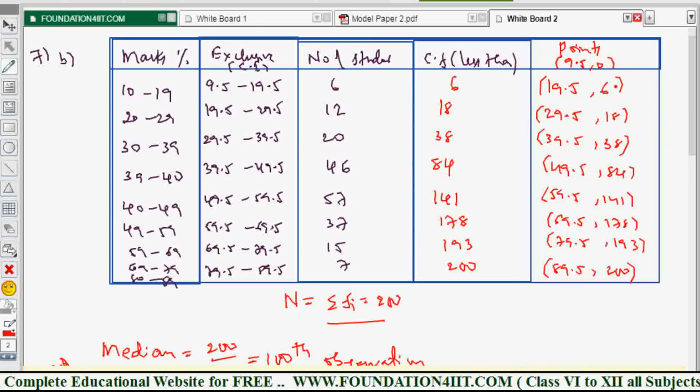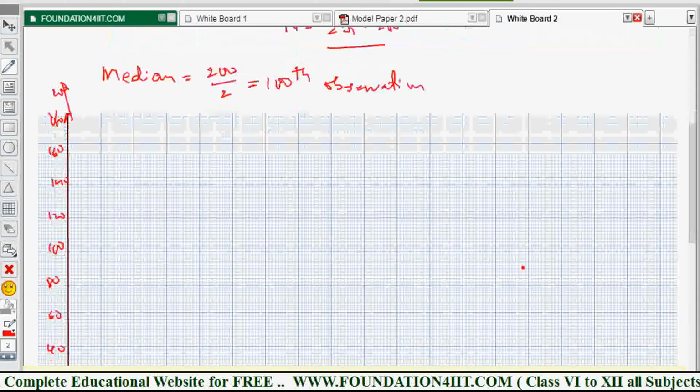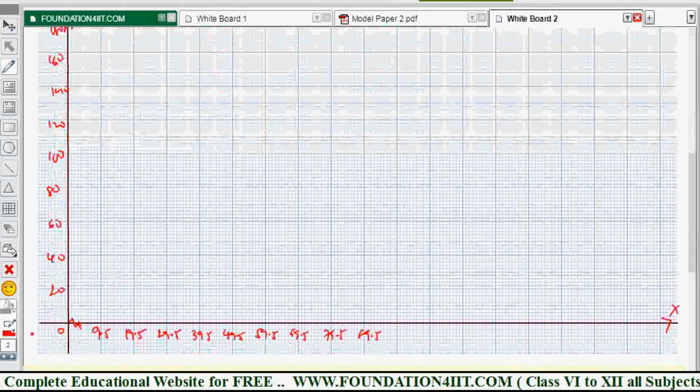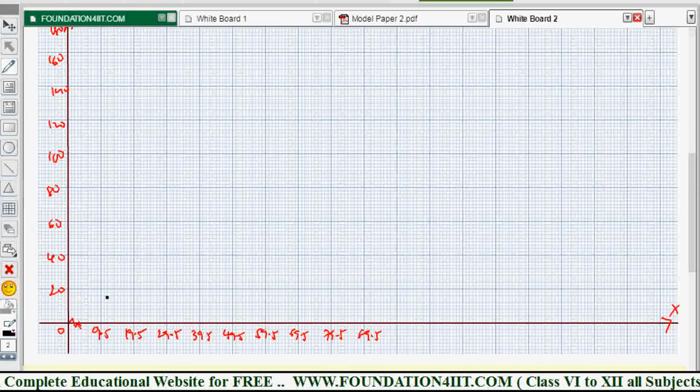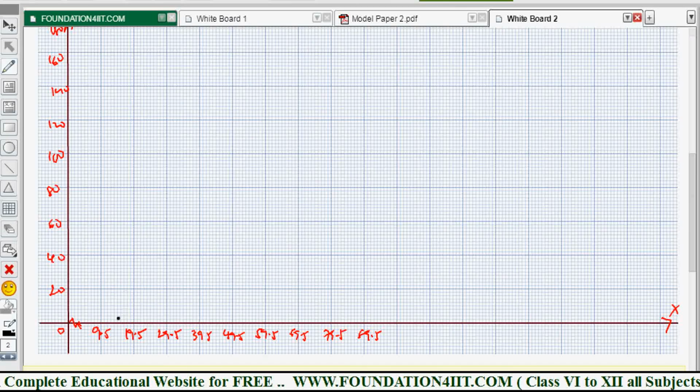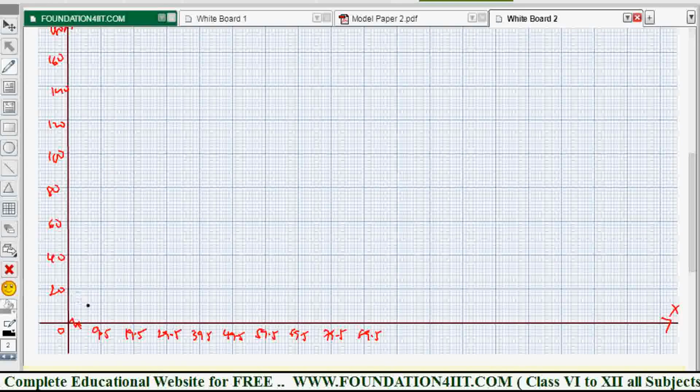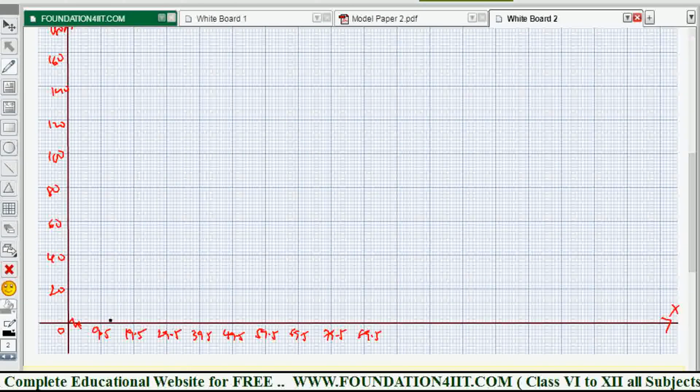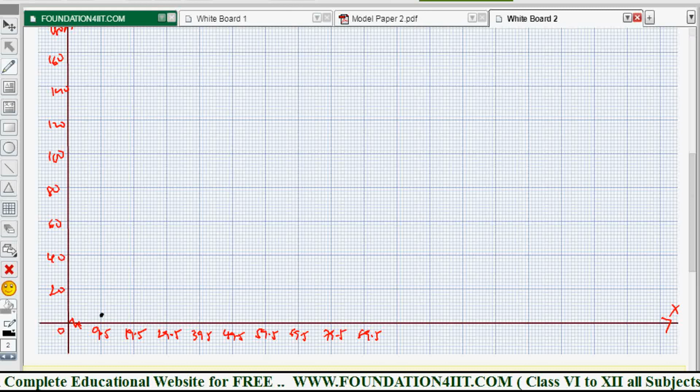That means here 19.5 comma 6 on the x and y axis, and 29.5 comma 18. Okay, these points we plot on the same graph. 19.5 comma 6, that means 10 millimeters is 20 units. That means 1 millimeter is for 2 units. So 1 mm is equal to 2 units you can take.